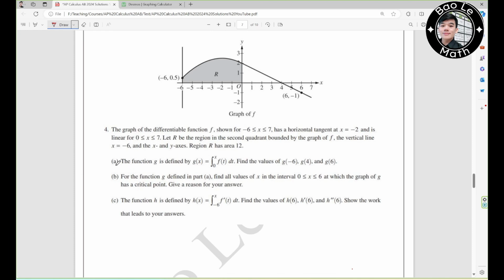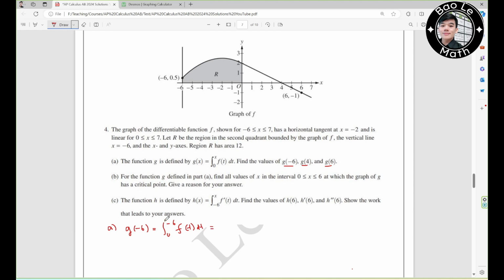Alright, question A. The function g is defined by g of s equals the integral from 0 to s of f of t dt. We need to find the value of g of negative 6, g of 4, and g of 6. So we have over here g of negative 6 is going to be integral from 0 to negative 6 of f of t dt.